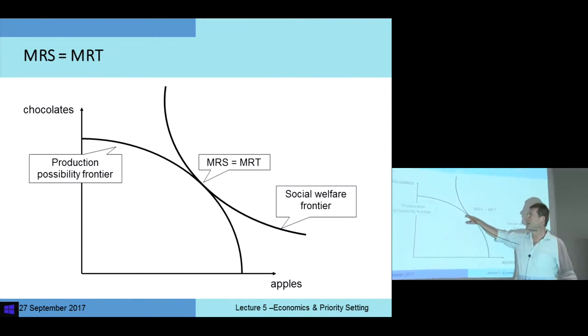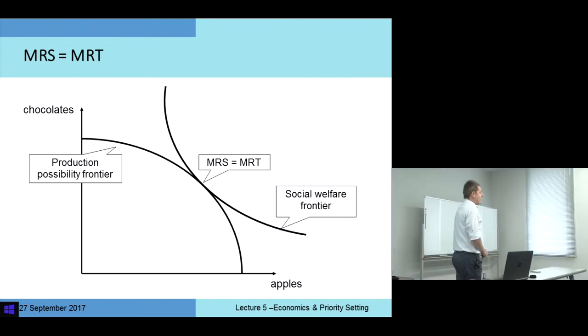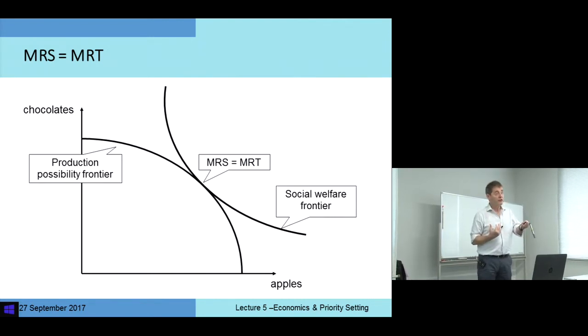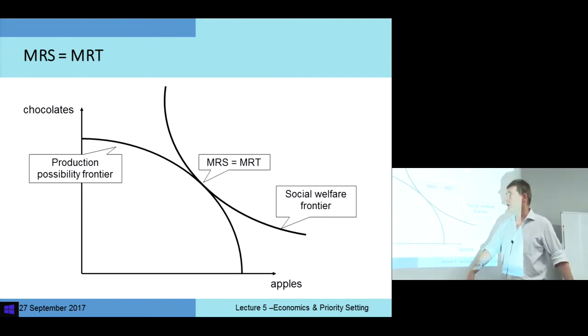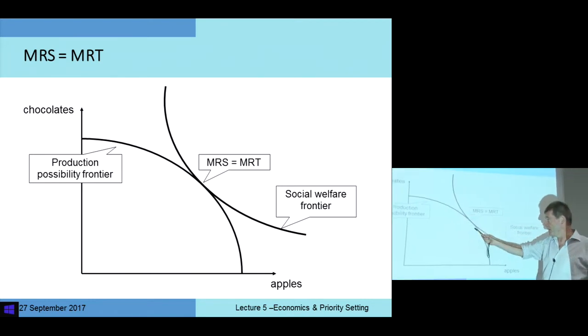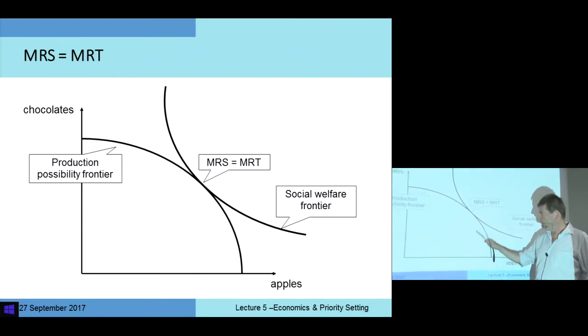This curve here, we would call, so much jargon, production possibility frontier. It's showing the ability of the economy to produce combinations of different goods, in this case, apples and chocolates. So this economy, given our knowledge, given our available inputs, resources, we could produce all of these combinations of chocolates and apples, or anything below it.